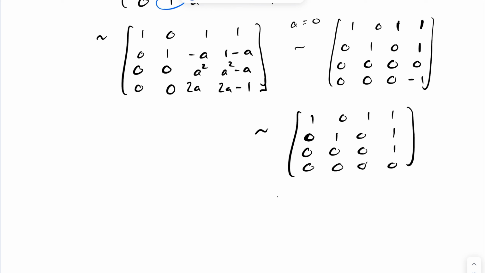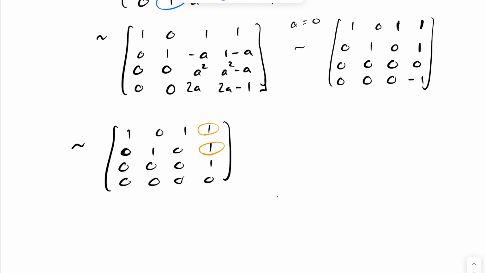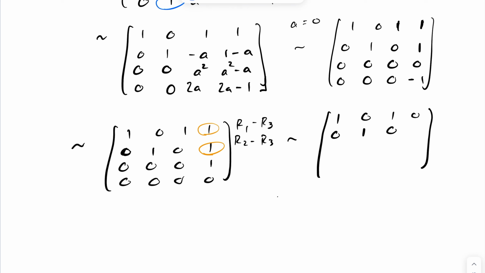And now we're here. So we're just going to quickly make these entries 0. So I'm going to take row 1 minus row 3, and row 2 minus row 3. Doing so, I get 1, 0, 1, 0. Here I get 0, 1, 0, 0. And here is unchanged.